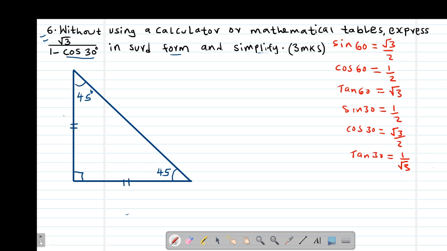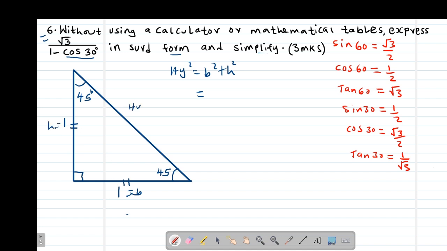Then I can let this one be 1, and I also let this other side be 1. So we can look for the hypotenuse. We know that hypotenuse squared is equal to base squared plus height squared. Our base is 1, and the height is also 1.